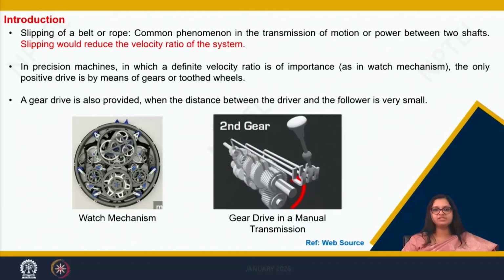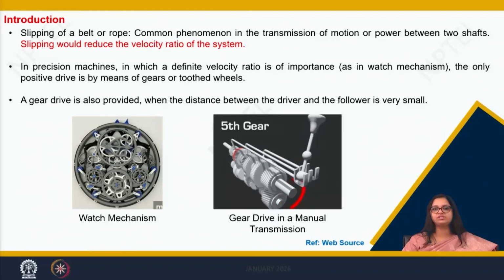Let's say the space between the two pulleys is very small, and we still need to transmit power from one to the other. If we go with the same configuration, there is a high chance that after some time of using the belt, there will be a problem of slippage.